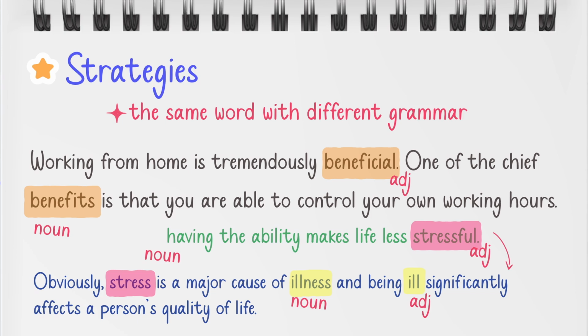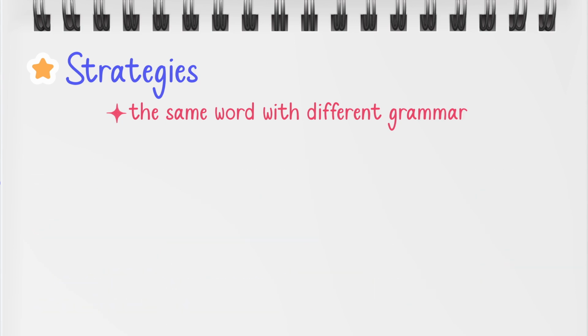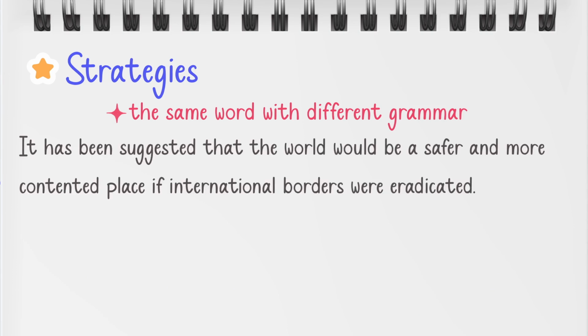Now let's take a look at another example of the same word and different grammar. It has been suggested that the world would be a safer and more contented place if international borders were eradicated. So I'm going to use different grammar for these four words here. It has been suggested, safer, contented, and eradicated. I'm going to change the grammar here.